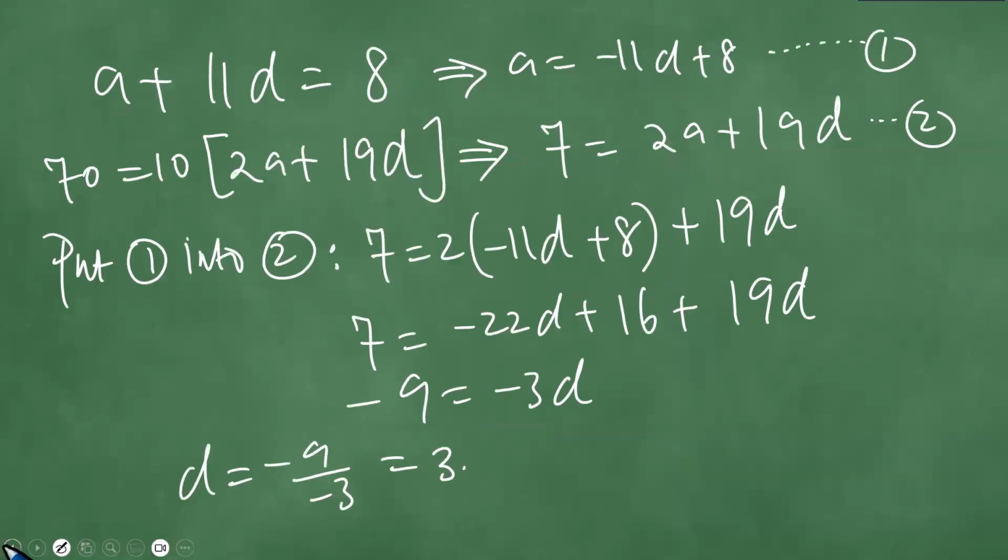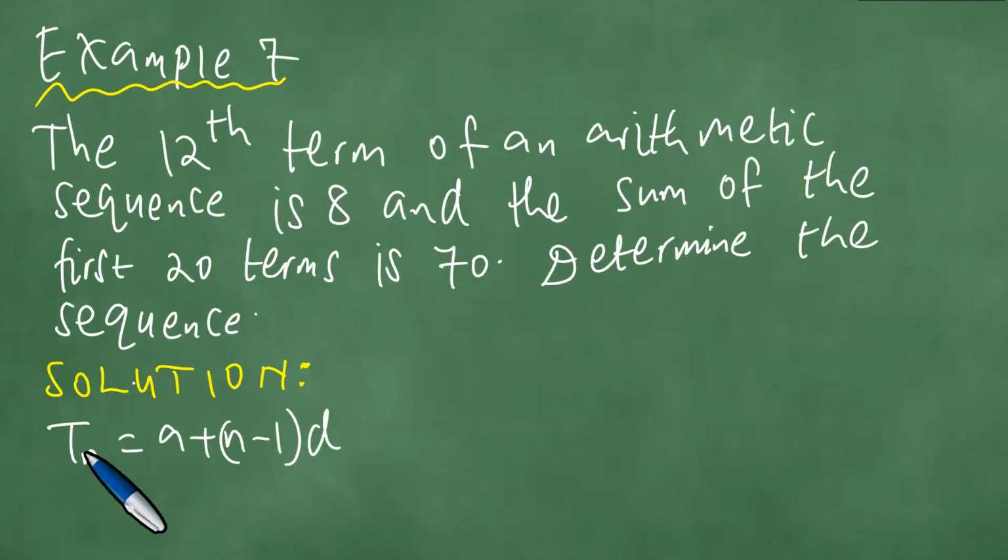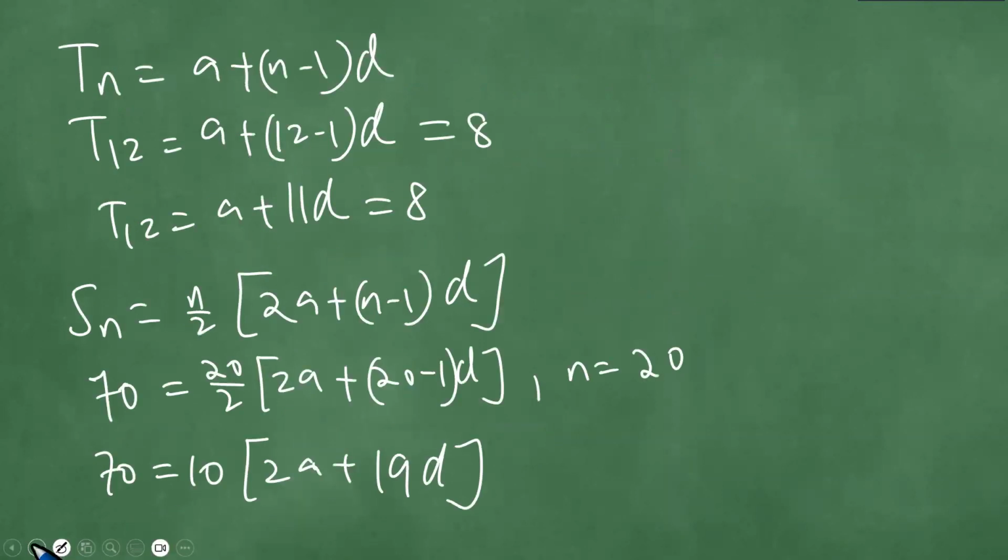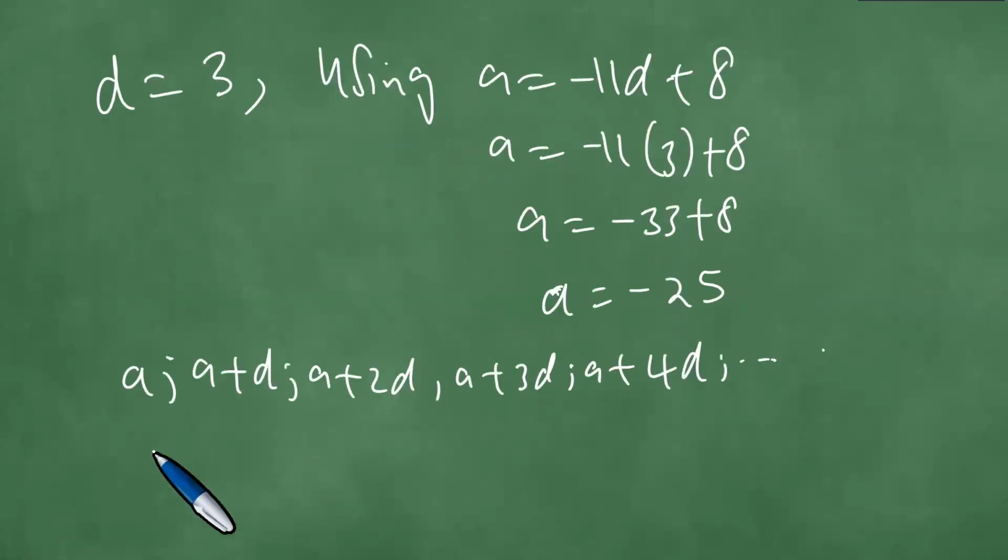So we can list some of the terms of the sequence. What is the first term? Minus 25.